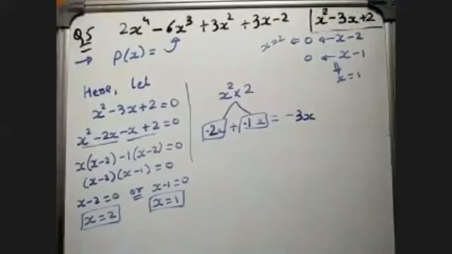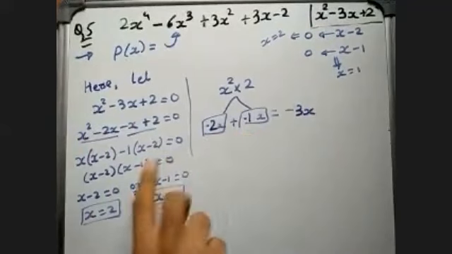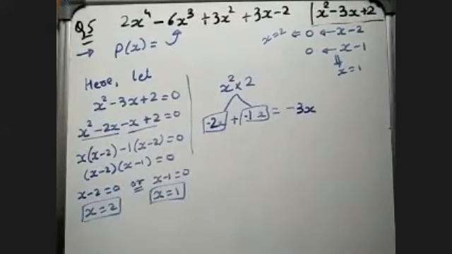So how we are going to find its zeros? So let us assume that x square minus 3x plus 2 equal to 0. So by splitting the middle term, I will get x minus 2 and x minus 1 as factors. So x minus 1 equal to 0 and x minus 2 equal to 0. So from this, I will obtain x is equal to 1 and x is equal to 2. Is it clear now? Right. So what is the difference between this question and earlier question? In the earlier question, you were given x is equal to 1 and x is equal to 2 separately.